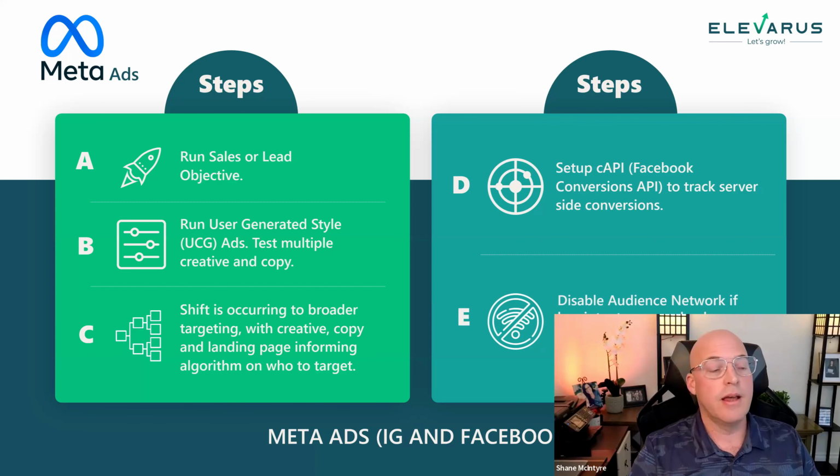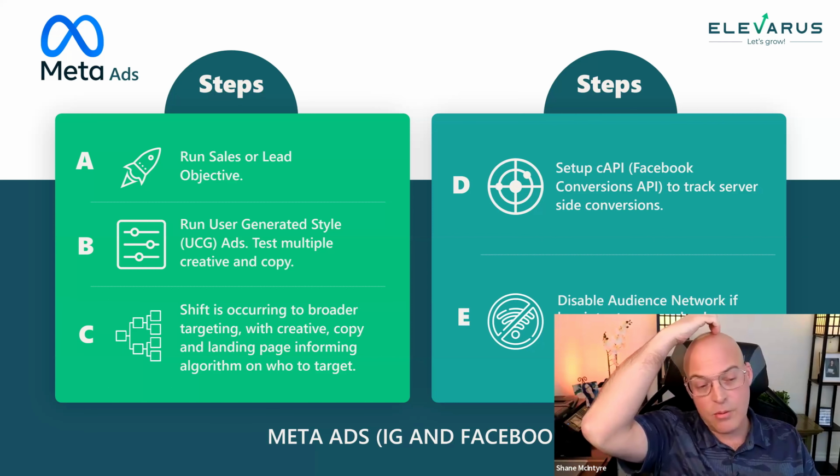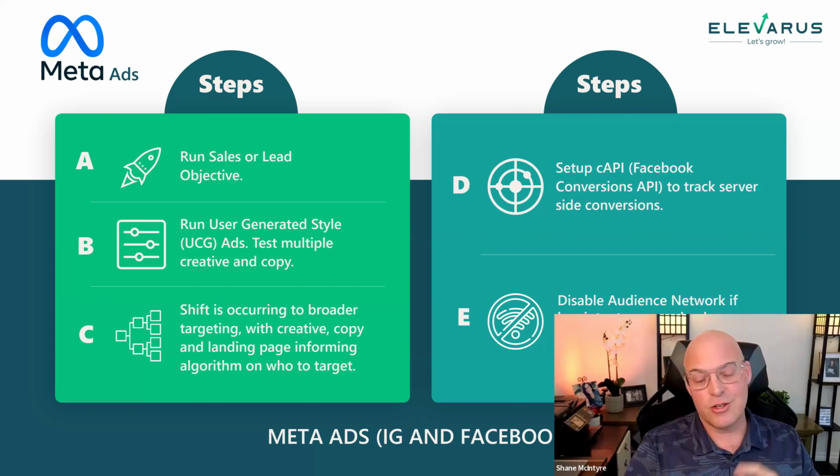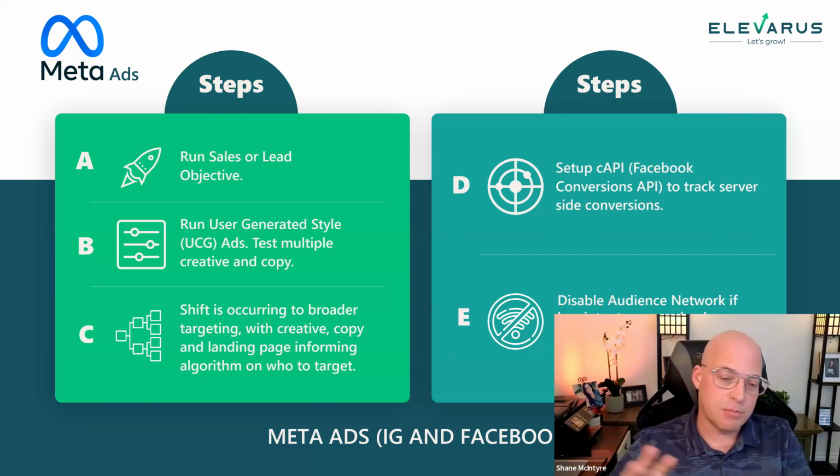And the last one, if you walk away with anything, this is just like Google search partners: disable audience network if you're running any kind of lead generation campaigns. Audience network is basically display ads, ads shown outside of the Meta ecosystem, so to speak.